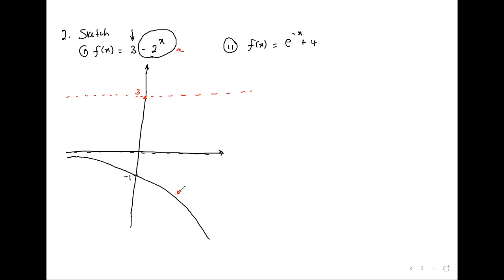And we are here to add the 3 to every point, including the asymptote line. So instead of having it 0, you add 0 plus 3. You get 3 as the new asymptote. Then, instead of having -1, you're going to have -1 plus 3, which is +2. And then now you will have your sketch coming to cross at 2, and it goes down like that.